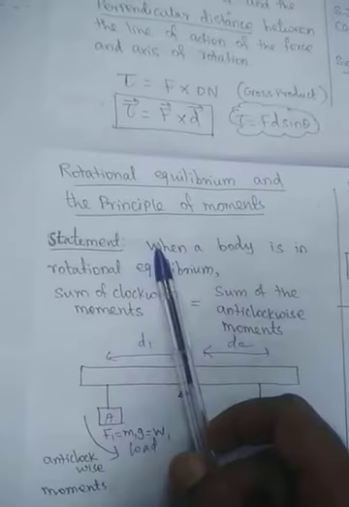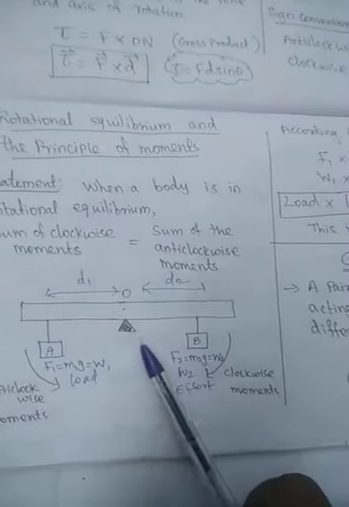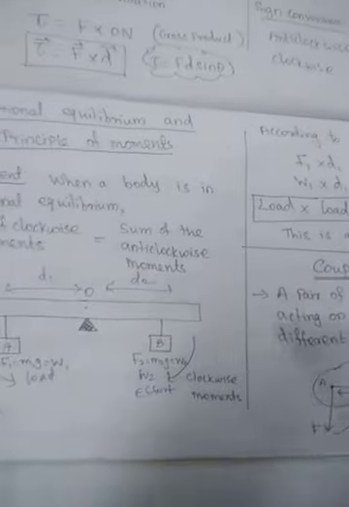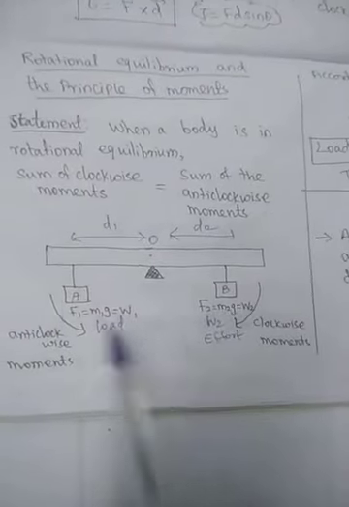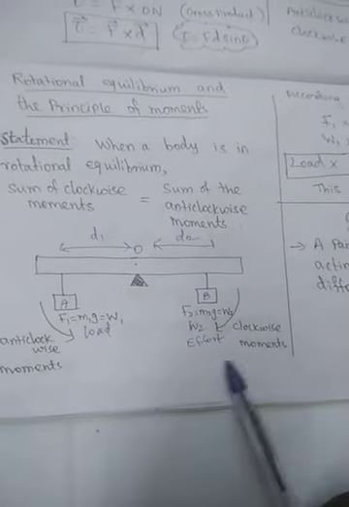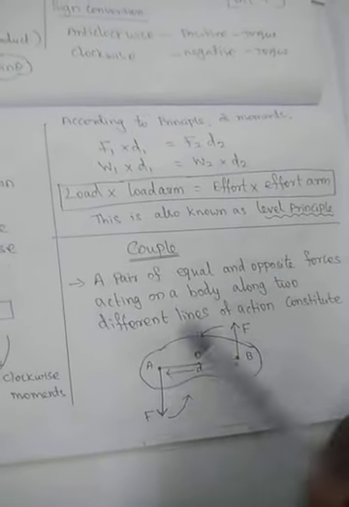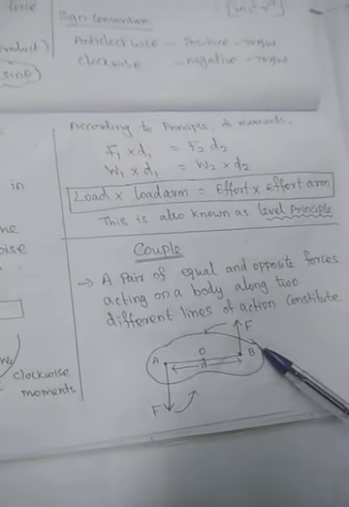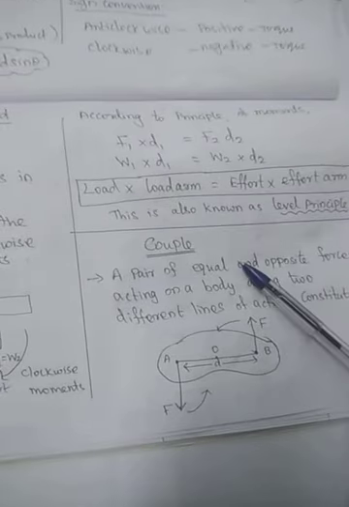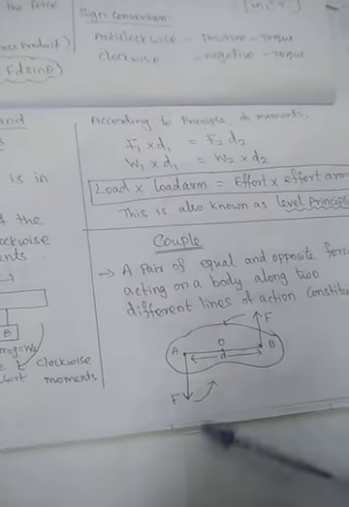What is the difference between the principle of moments and the couple? Very simple. In the principle of moments, the two forces act in opposite directions with the same sense, anti-clockwise and clockwise. These two are in opposite directions, so the line of action will be different. One goes in the upward direction and the other in the downward direction.